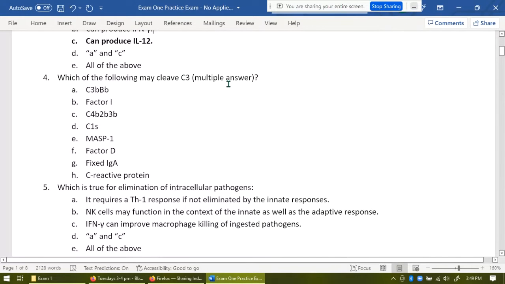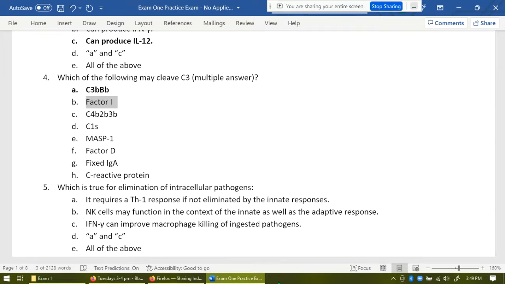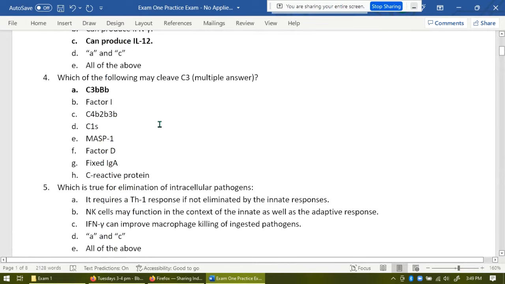Which of the following may cleave C3? So there's a lot of things that can cleave C3. C3b B flat, that is the alternative pathway C3 convertase, so yes. Factor I does not cleave C, or I guess technically it cleaves C3b, but it doesn't cleave C3. So factor I is not a correct answer here. It doesn't cleave C3 itself.